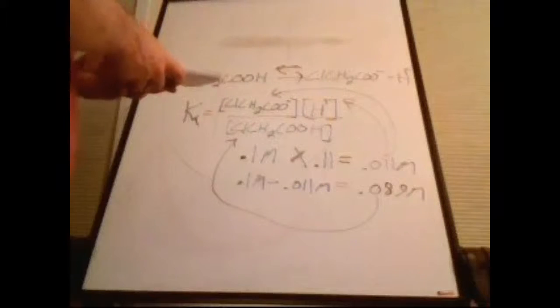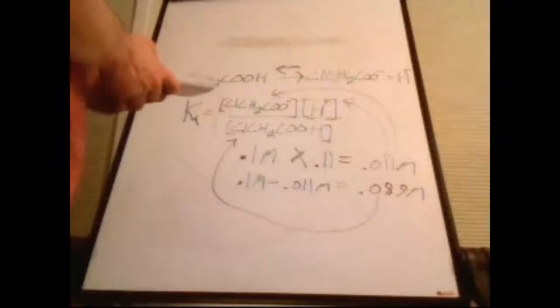Okay, so I get 0.011 squared divided by 0.089. So I get 0.001359.